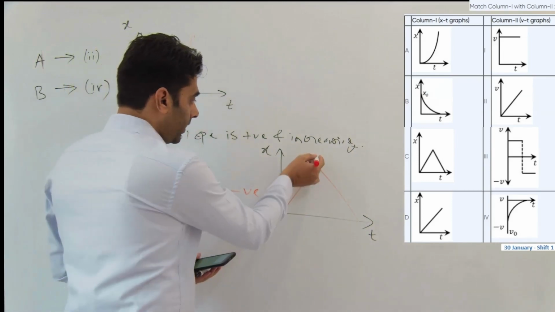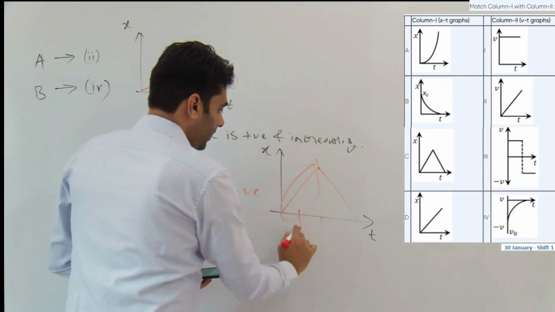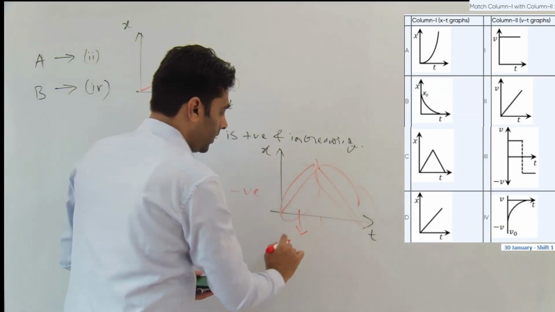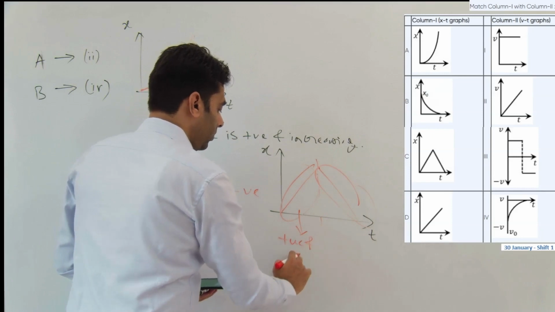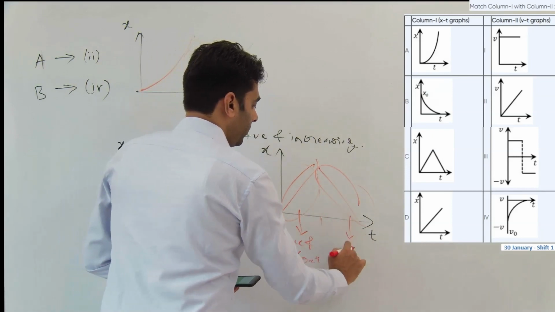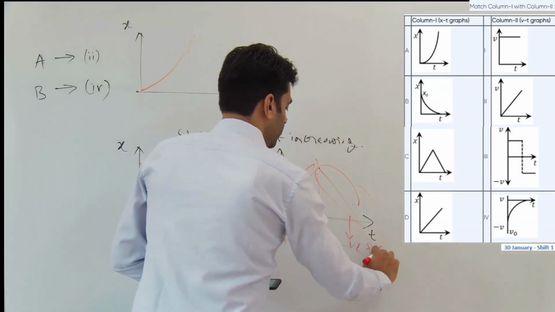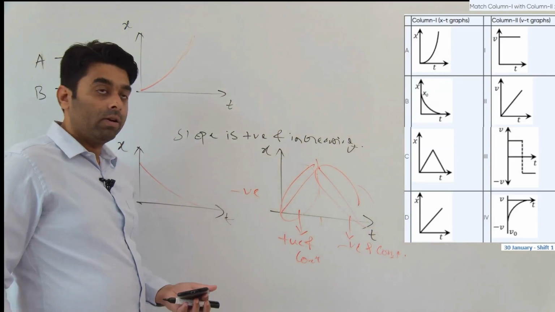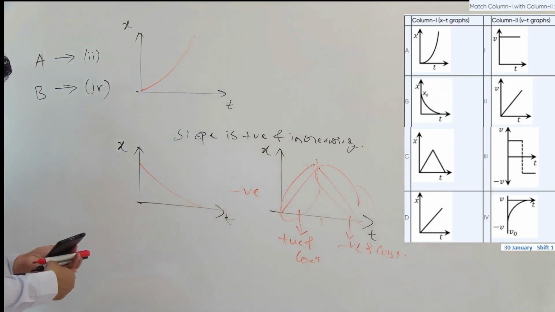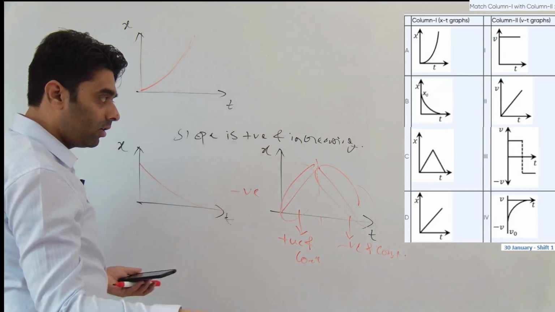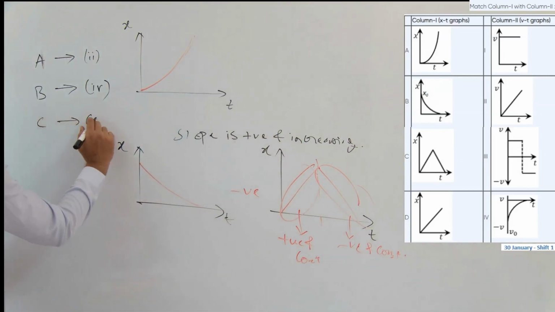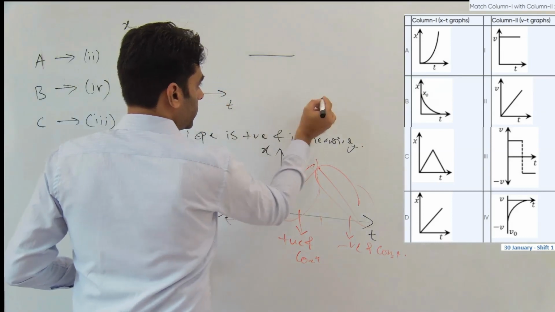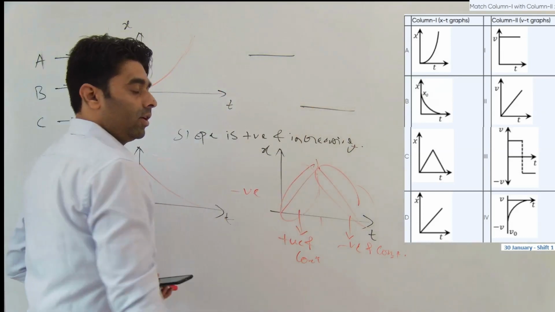That means in this half, velocity is positive and constant, and over here velocity is negative and constant. Okay, it's visible? Yes, negative and constant. So very easily, if you check velocity time, it is the third option only. For C, we get the third option, where initially velocity is constant and positive, and in the next half velocity is constant and negative.